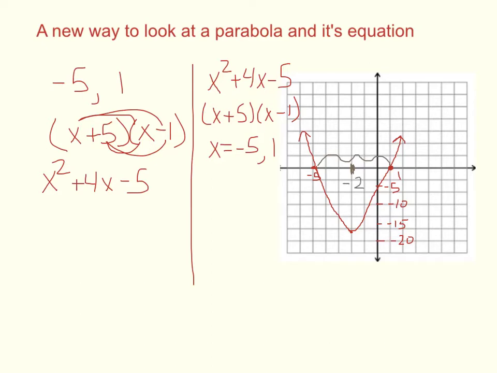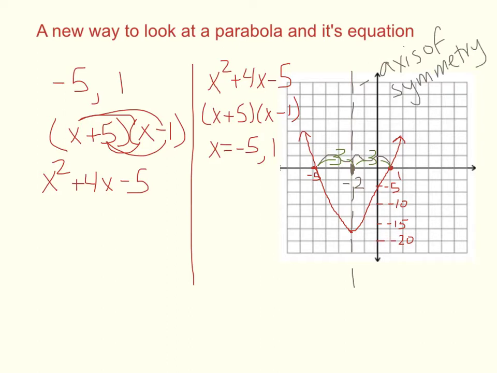So what we're saying is this distance is 3, and this distance is 3, from -5 to -2, -2 to 1. So this line right here cuts the parabola right in half. This is called, and this is an important word, the axis of symmetry.